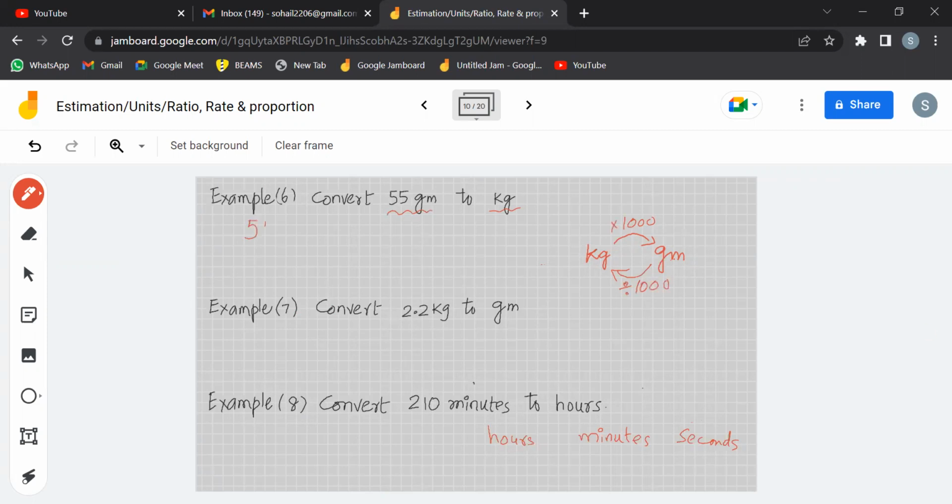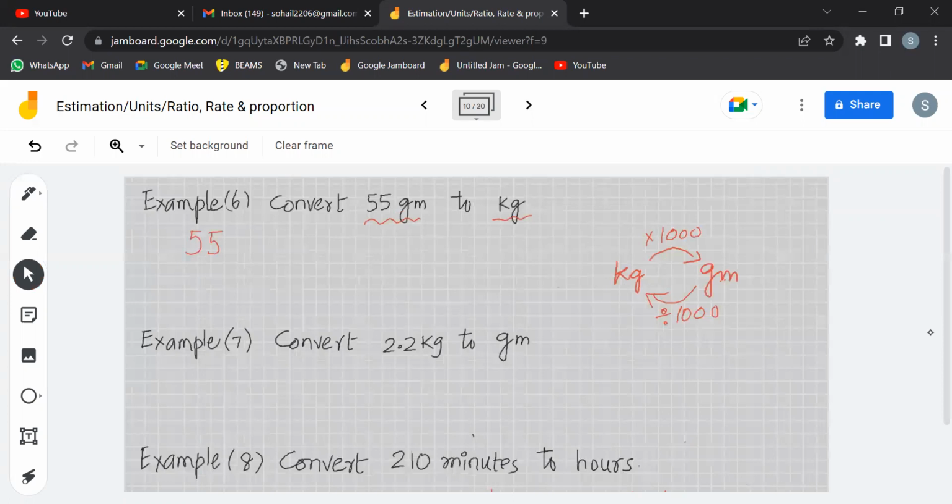So 55 grams is equal to 55 divided by 1000, as it is from grams to kg, from smaller to bigger. So the answer is 0.055 kg.